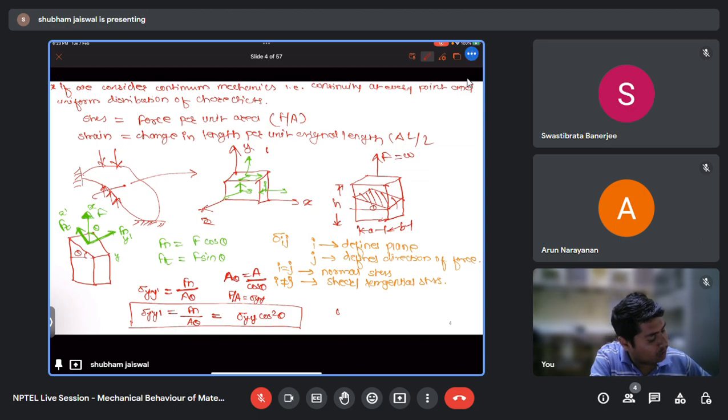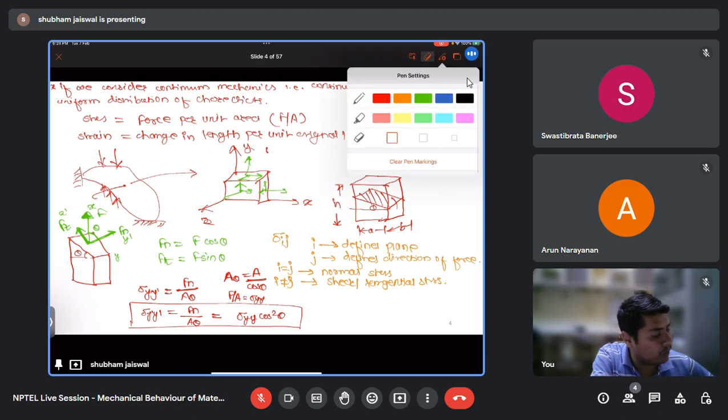Okay, sigma y prime, and sigma y prime x prime. Here you can say i is not equal to j, which means it is the shear stress. So instead of representing shear stress with sigma, we can represent it with tau, so we will not get confused.